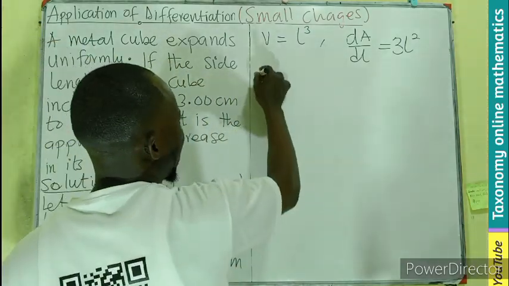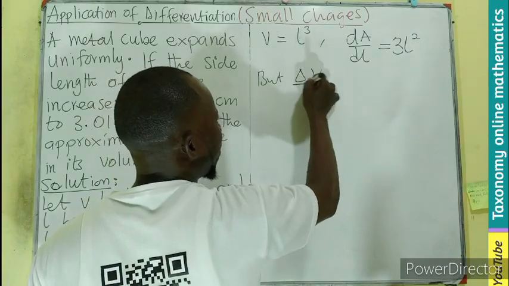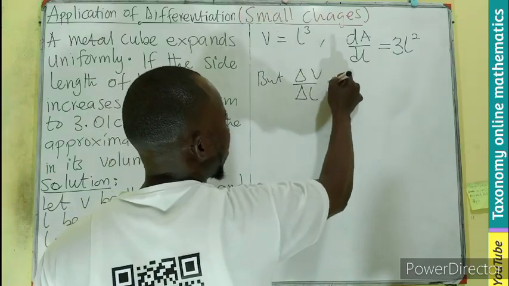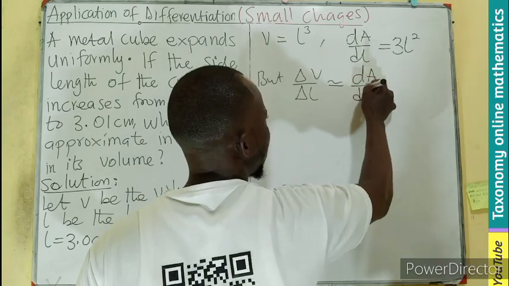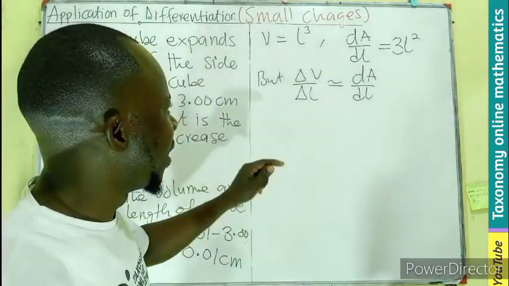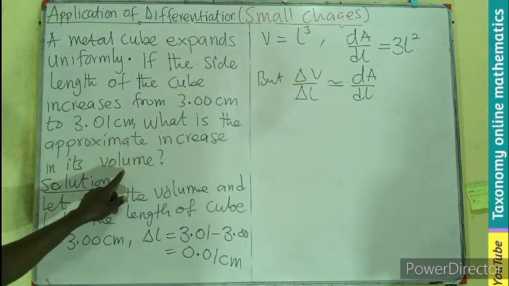Then we can also say that the change in the volume divided by the change in L is approximated by dV/dL. In this case, we are looking for the approximate change in volume.